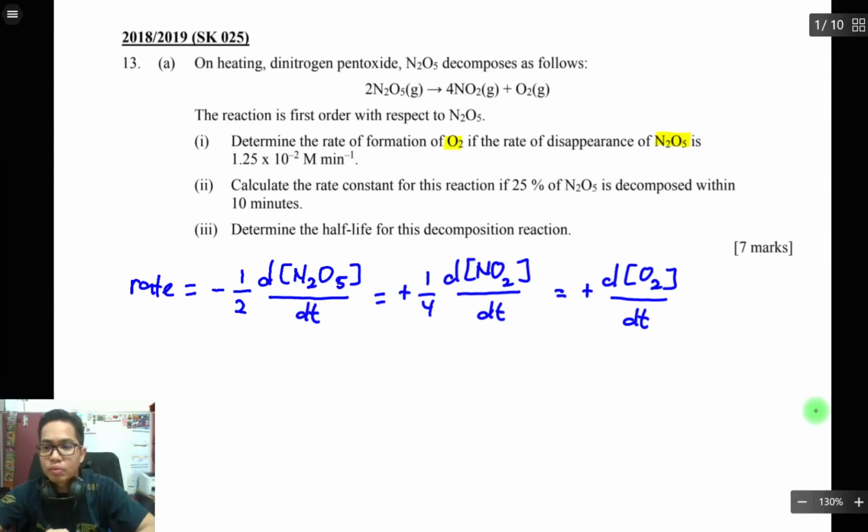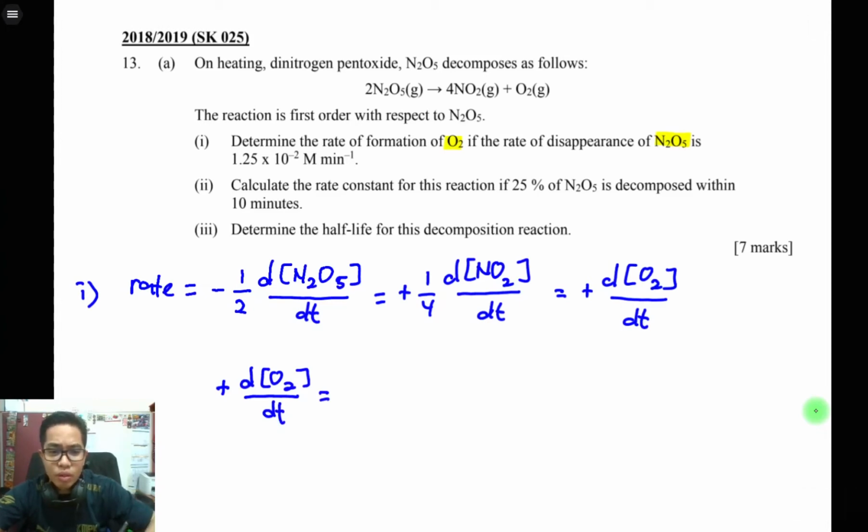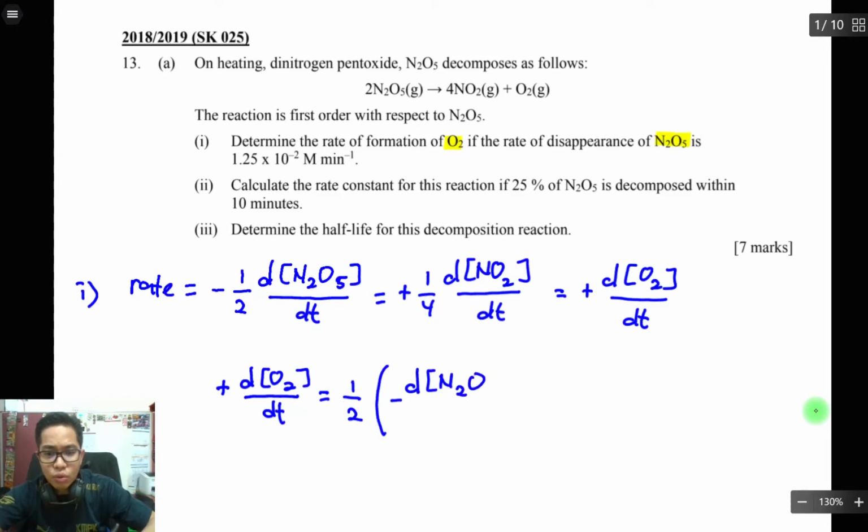So this is number 1, dO2 over dt equal to 1 over 2 in bracket negative dN2O5 over dt.